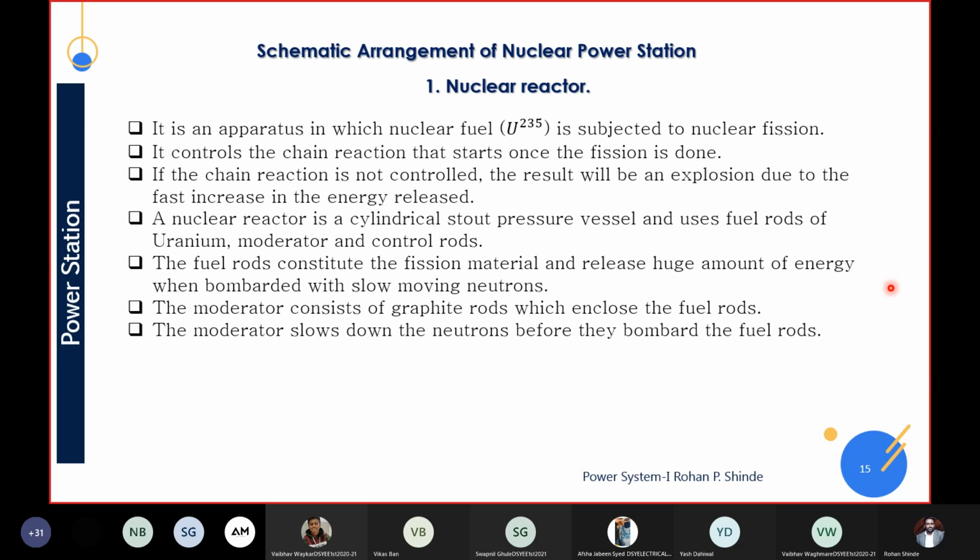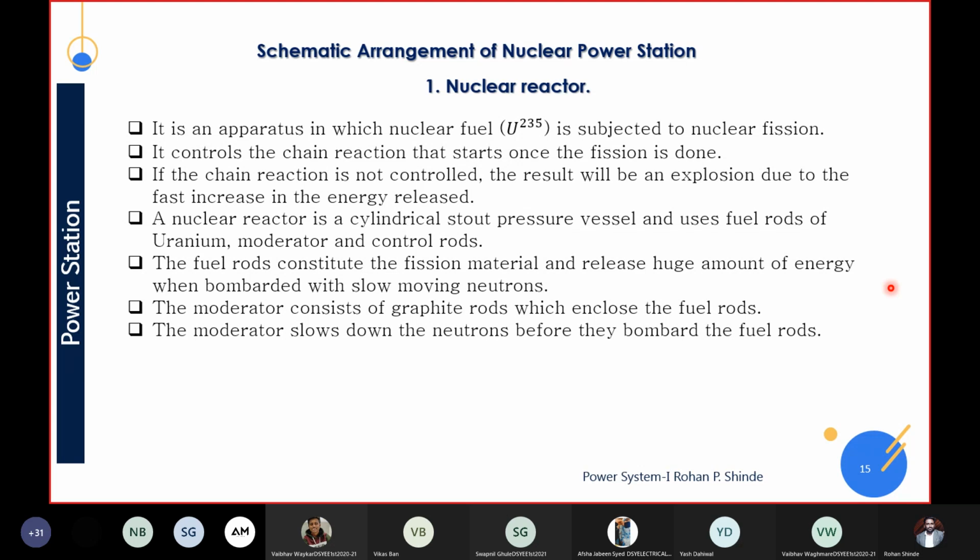Now see here, first of all, we will see the internal structure of the nuclear reactor. This nuclear reactor is made up of a cylindrical pressure vessel, and it uses three rods, that is uranium, moderator, and control rods.